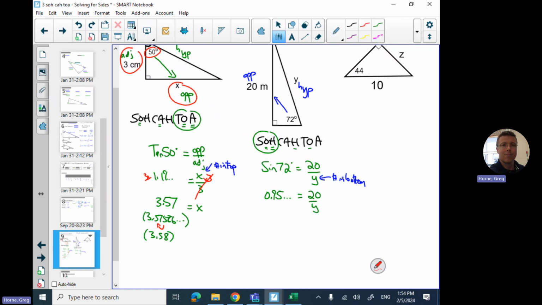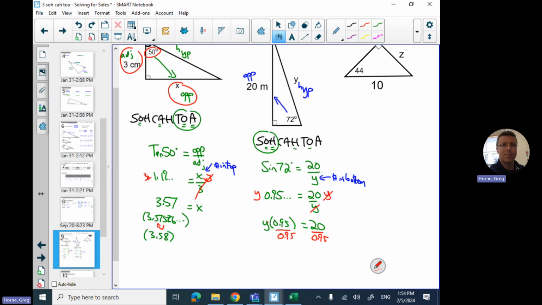So for solving this, I'll show you the way most people prefer, because it looks the nicest: you multiply both sides by y, which gets rid of the y from the bottom. Then we have y times 0.95 equals 20, or some people might write that as 0.95y, which just sounds nicer. Not necessary though. Then you divide by 0.95 because you're undoing that multiplication.